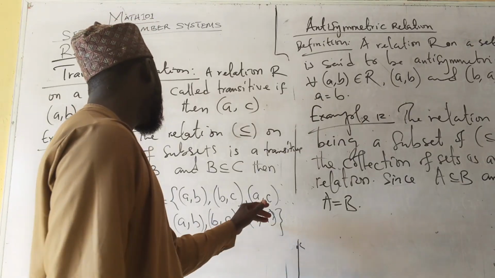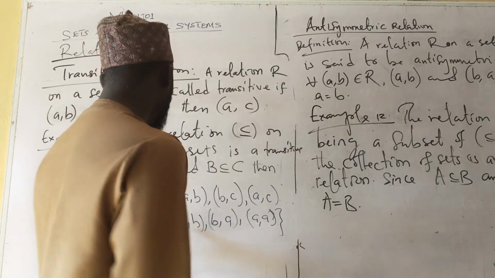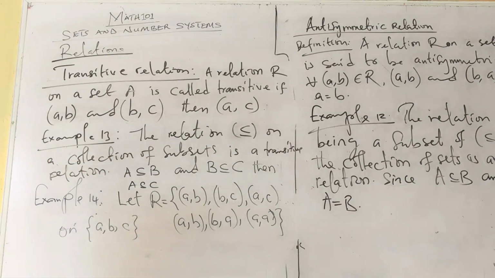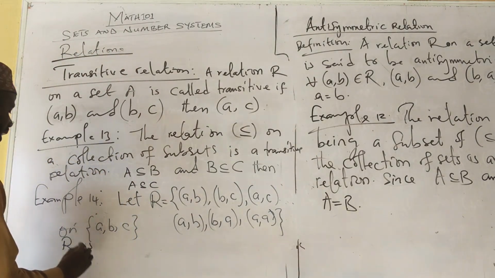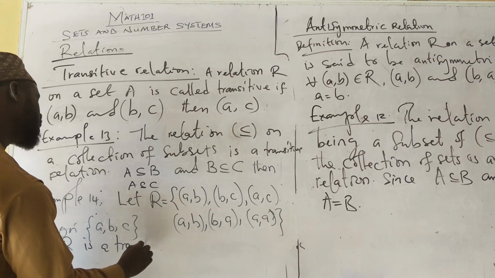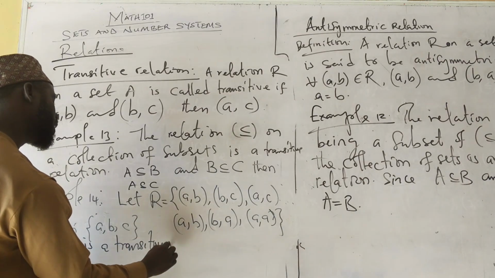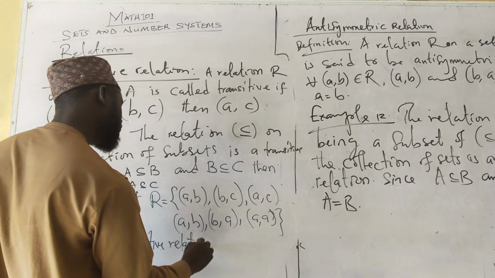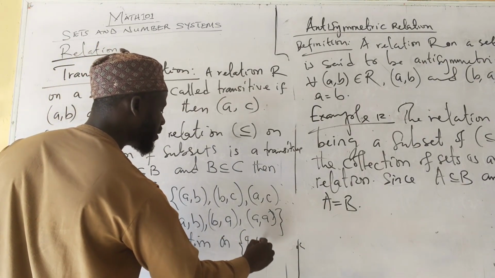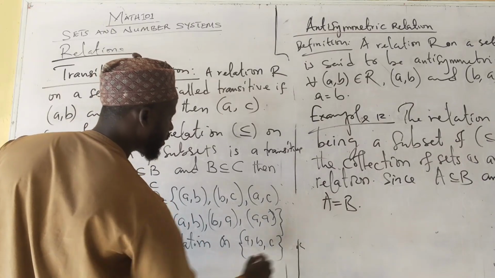Do we have B something? Yes, we have BA. So there should be AA in the relation, and AA is in the relation. And so this relation R is a transitive relation on the set of A, B, and C.